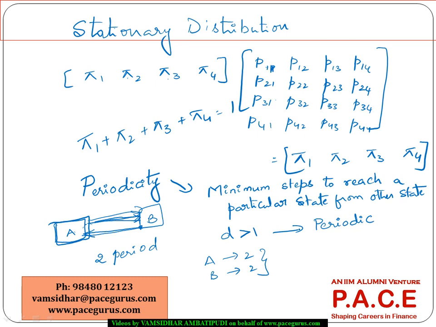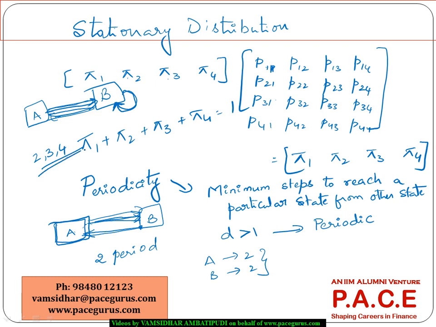In the other case, let's say I have a diagram like this, state A, state B. From state A it comes to B, but here I have a mixed process where it can either stay in B or come to A. So if it is in state A, to come back to A it may take either 2, 3, 4, any number of steps. 2 means it comes here and comes back. 3 means it comes here, stays here for one more period and then comes back. 2, 3, 4, any number of steps can happen.